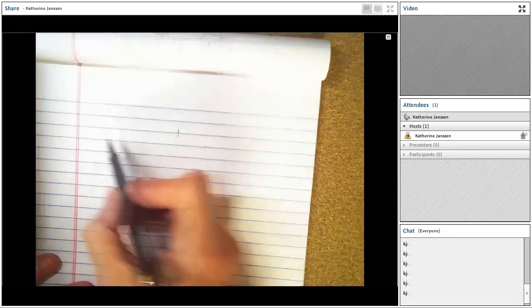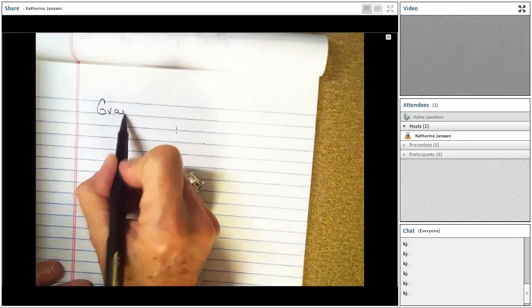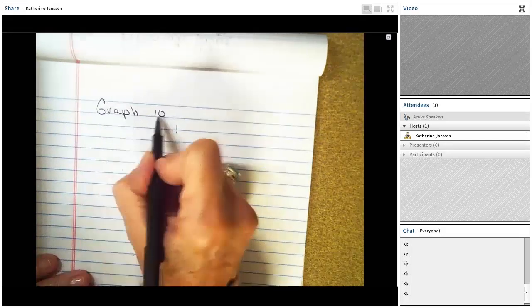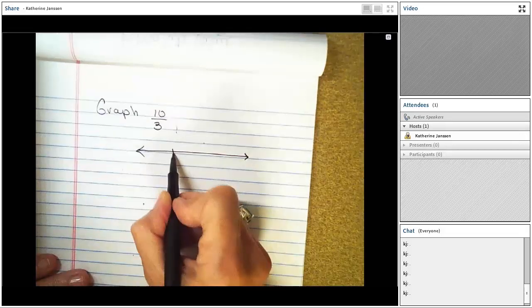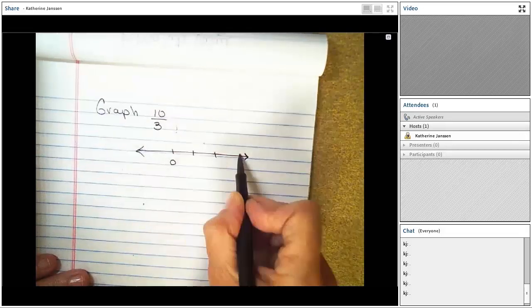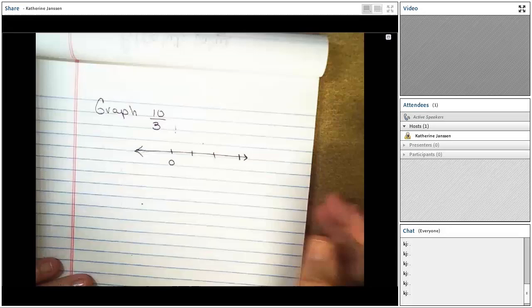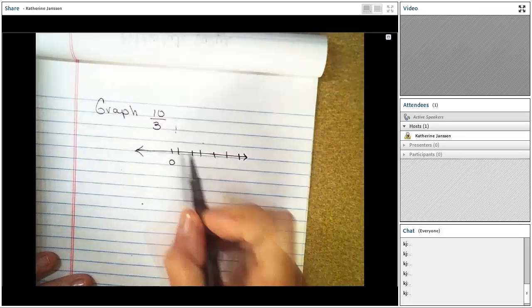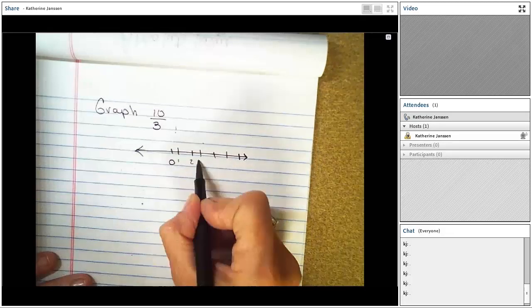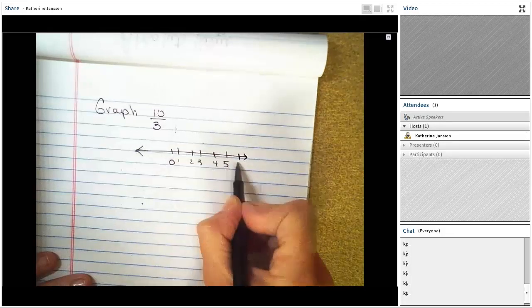You may be asked to graph on the number line. We're supposed to graph 10/3. Sketch your number line. One, two, three, four, five, 6. 10/3.